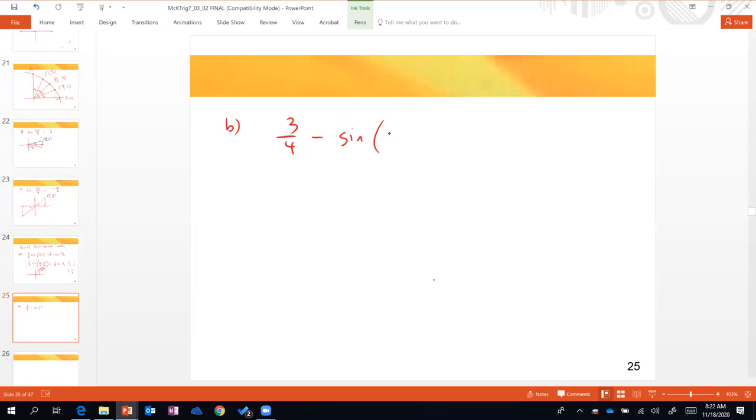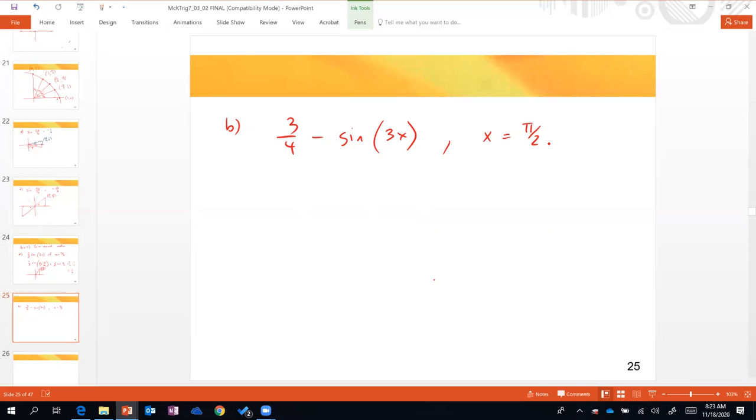So 3/4 subtract sine of 3 times x, where x is equal to pi over 2.